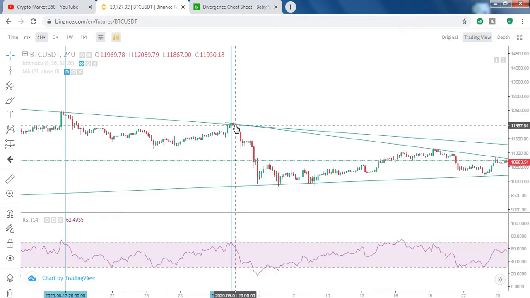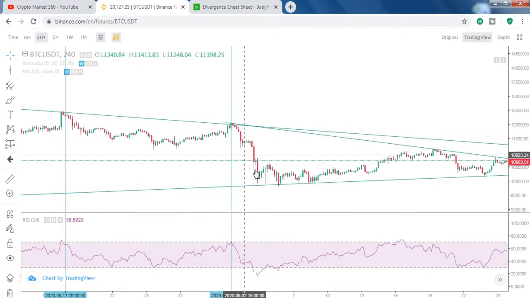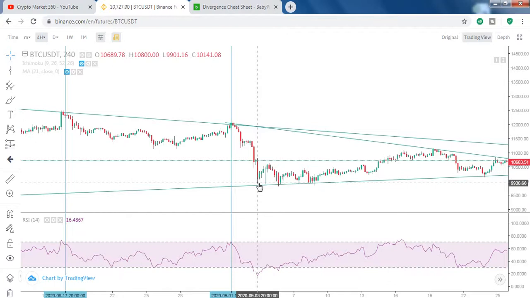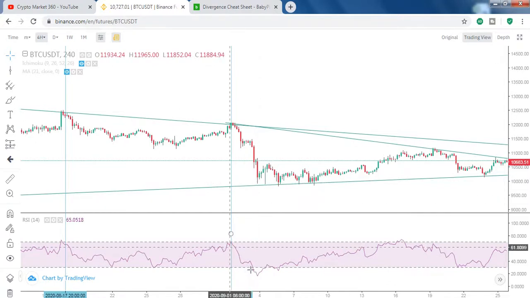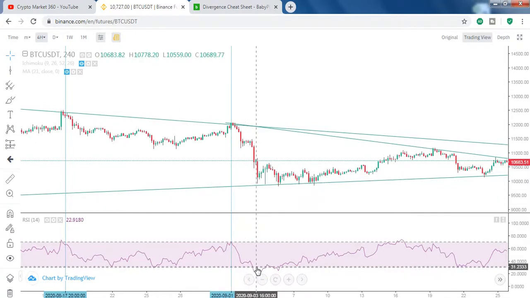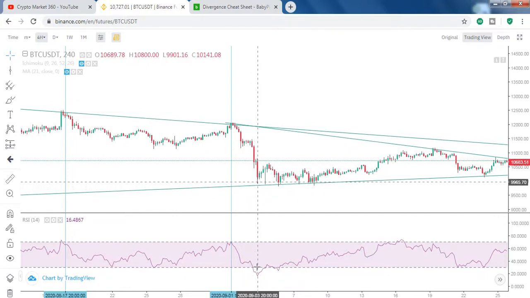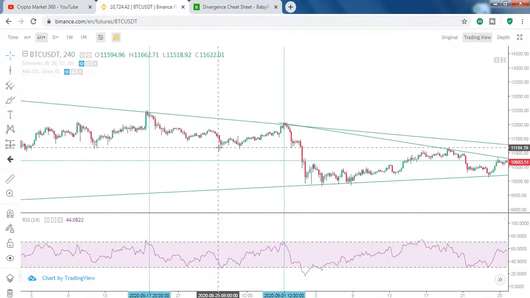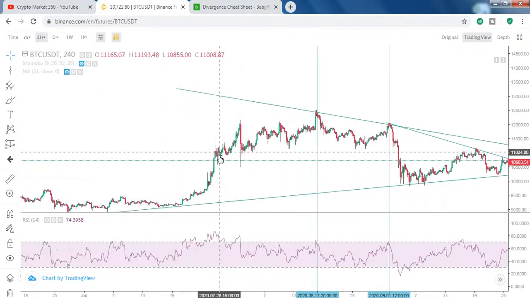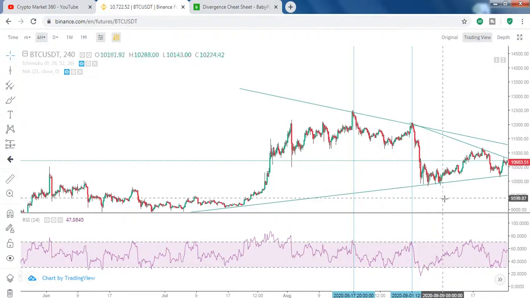So I can take the sell from here and keep the stop loss above here, and I should keep the trade going. I will close the trade when the RSI is oversold at this level. You can close this sell here when the RSI is oversold, but I don't do that. I also look at support and resistance, then I close the trade.